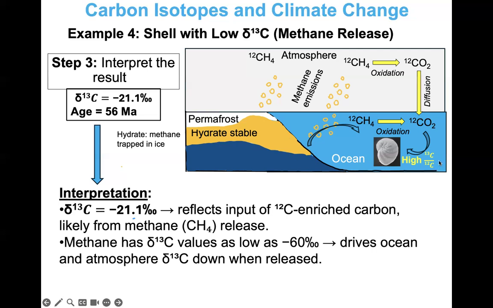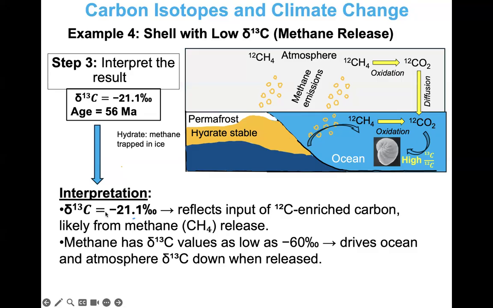Because you have higher C12 into the shell, we end up having a lower value here. As a matter of fact, there's a mistake here. So again, the release of methane, which is rich in C12, becomes oxidized to become CO2, C12. This will be incorporated by the shell. So this means C12 will increase and the ratio will decrease. So this should be low, not high.